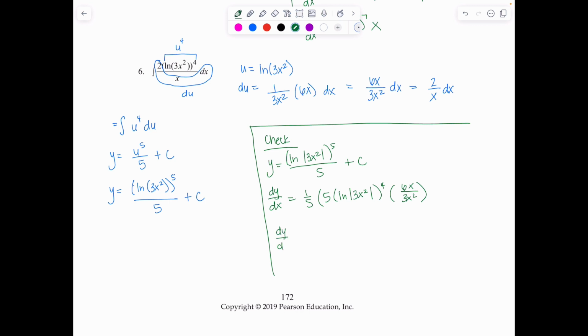And then we clean it up a little. We said that was 2 over x, so we have 2 natural log of 3x squared to the fourth over x. And that takes us back to the beginning. Very good.